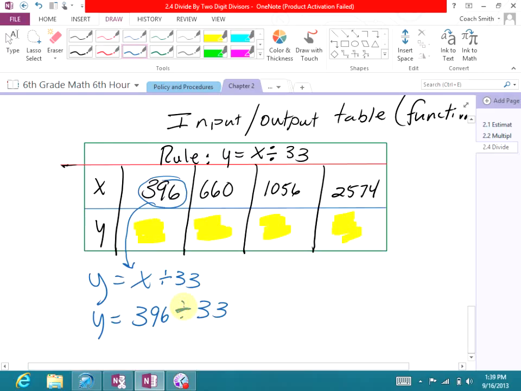Okay, they want you to substitute in 396 for x. Now they want you to solve or simplify. Now here's how you do that. Simply take 396 and divide it by 33.